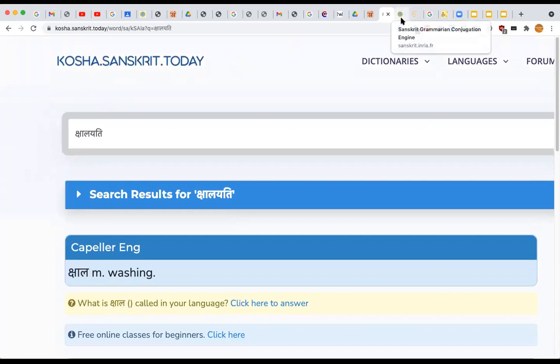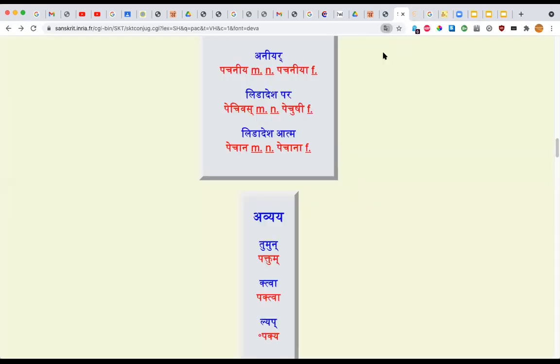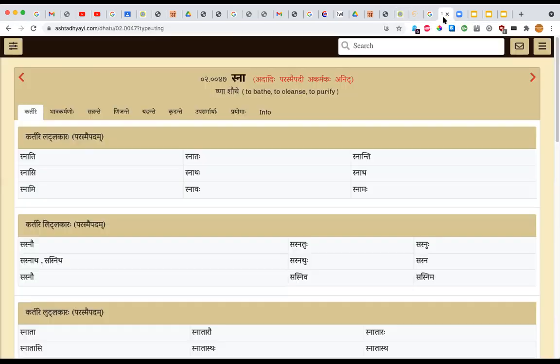Then go type kshal in Indriya. You will get all the various forms, or in Ashtadhyayi. Clear, Mahodaya? Yes. Dhanyavad.